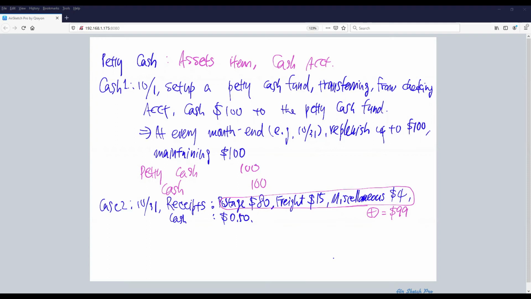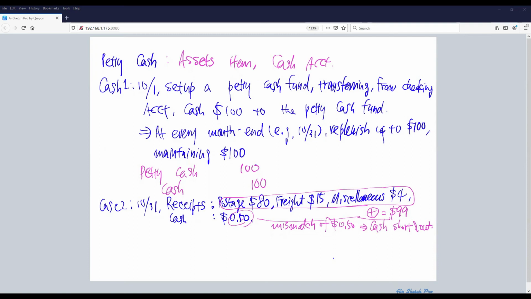In such a case, you may just dump this mismatch in an account called cash shortage and overage. Okay, all right, then let's prepare journal entries.